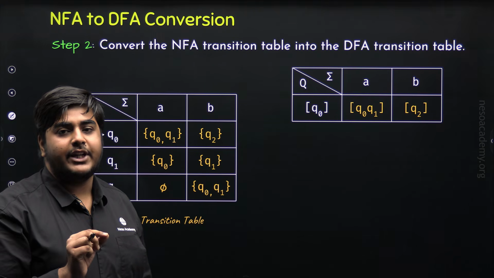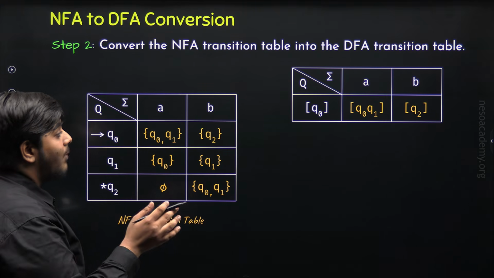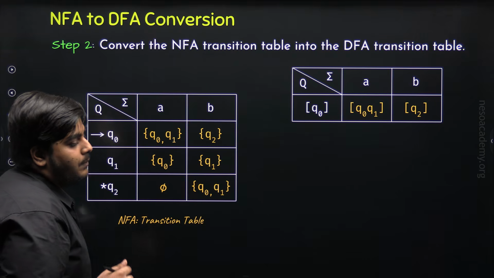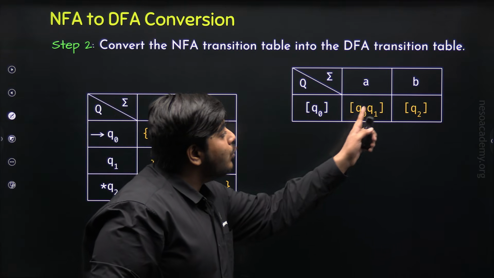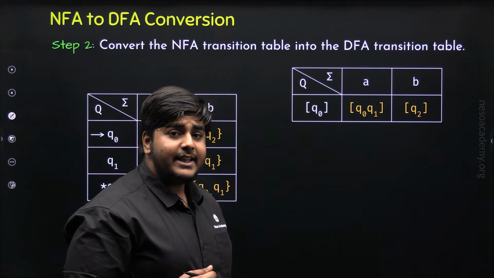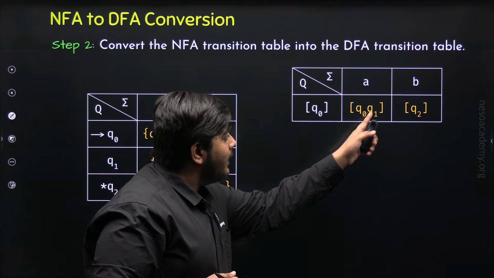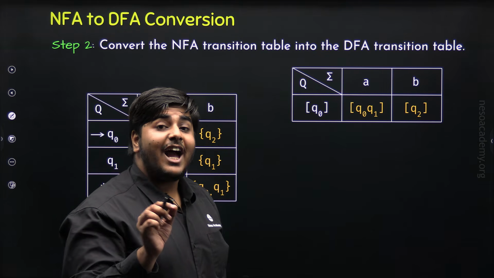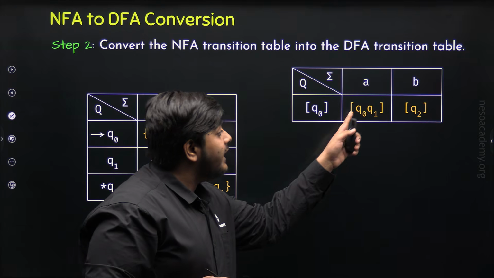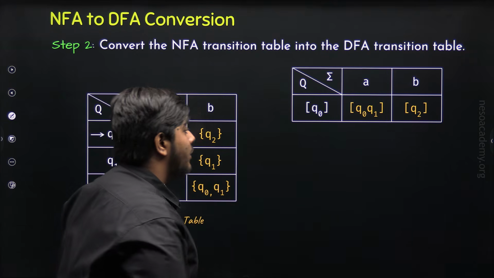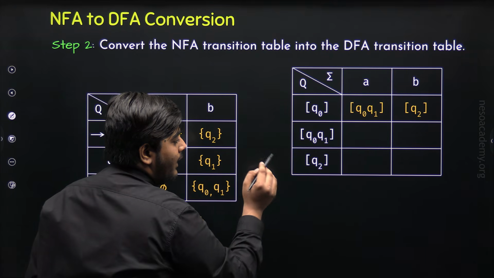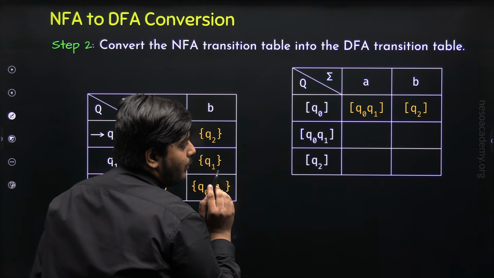This is just a notation. Now let's talk about the next states of the DFA. We have got two new next states in this DFA, that are Q0, Q1 and Q2. So we have to create the entries for these two states also. So here is the state Q0, Q1 and here we have the state Q2.